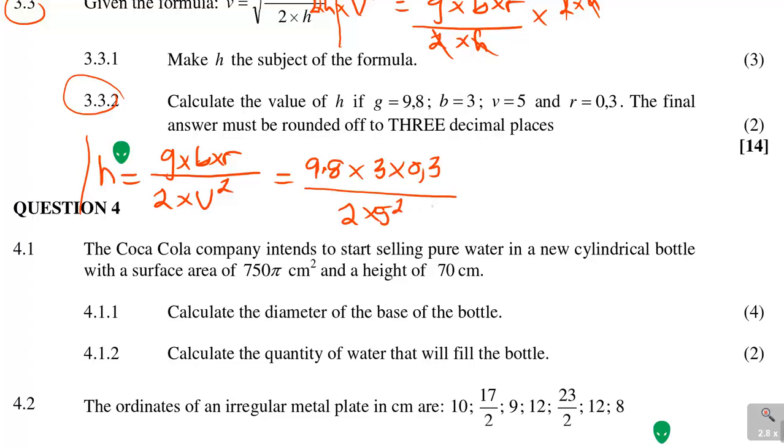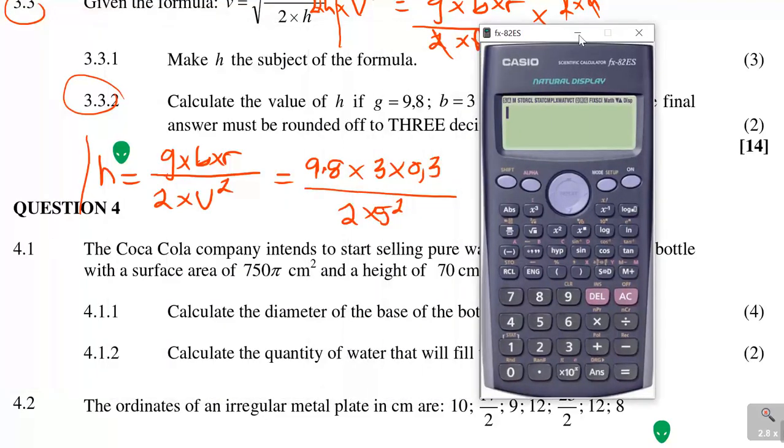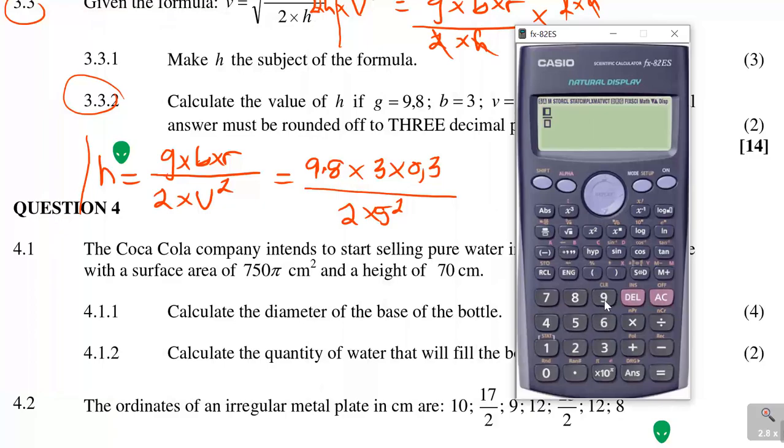So it's a matter of substitution: 9,8 times 3 times 0,3 over 2 times 5 squared, and then there we go.